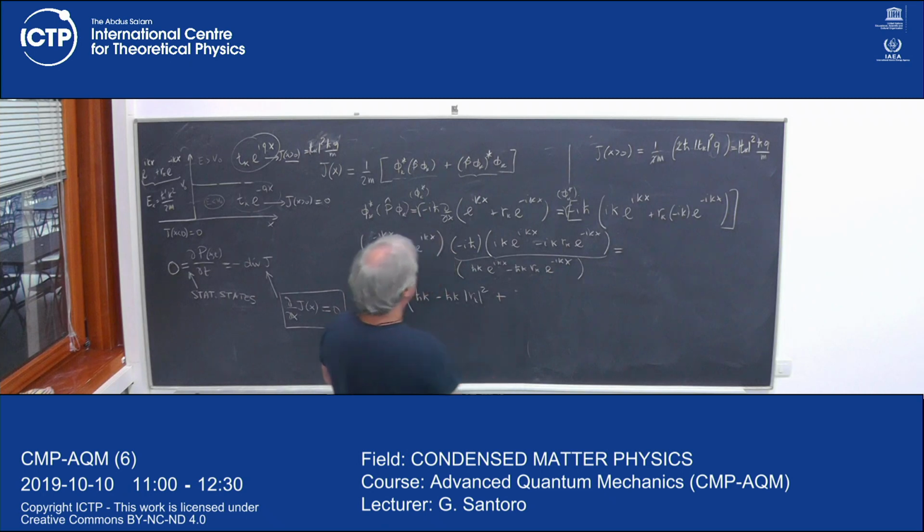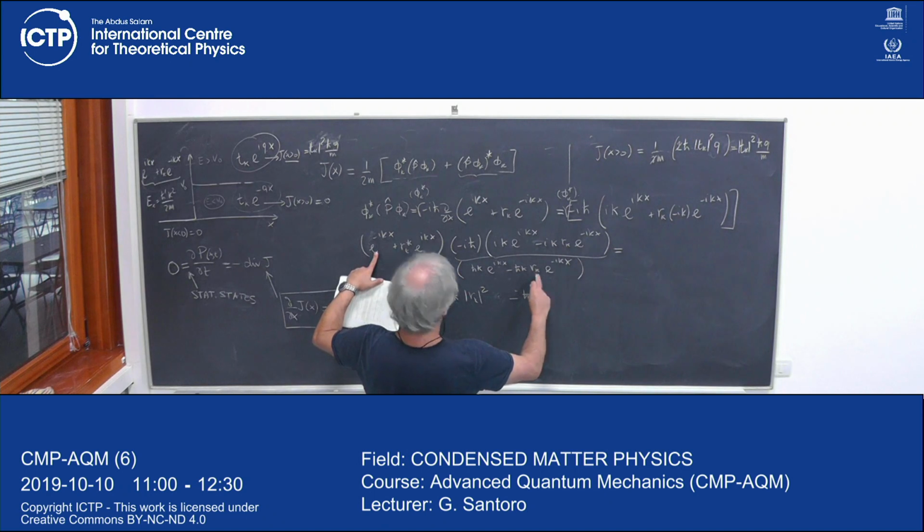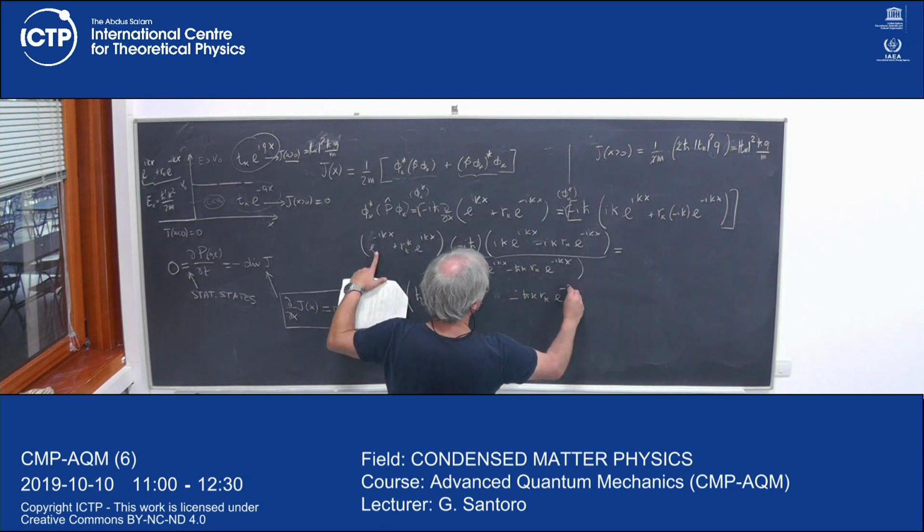Then I have 2 other terms. This times that, which is, you see, minus h bar k, rk times e to the minus 2ikx.